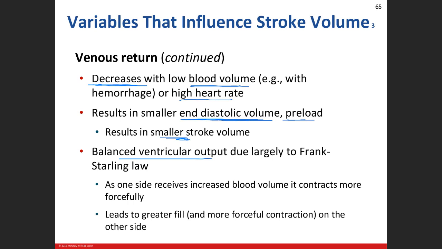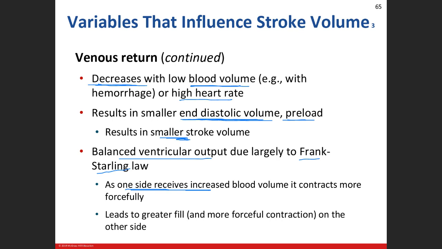Even though one side can receive an increased volume of blood, especially when you're exercising, the left side might have to contract a little bit harder than the right side. And that's due to that Starling's Law, which will then inadvertently give the other side of the heart more time to fill.